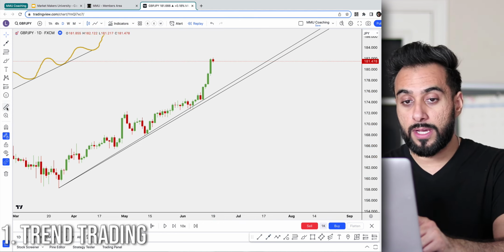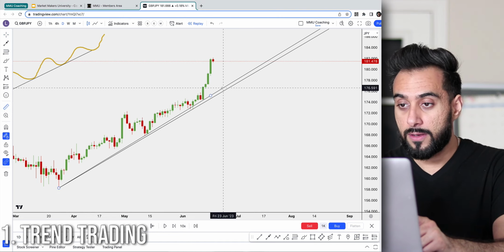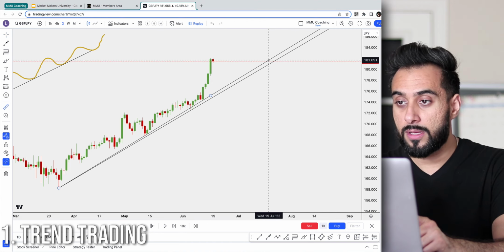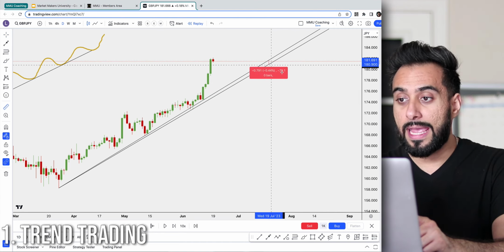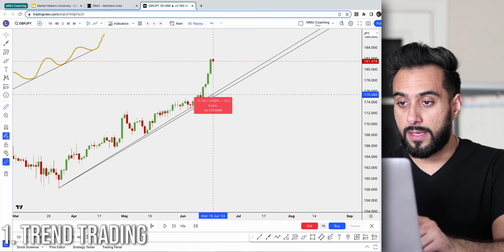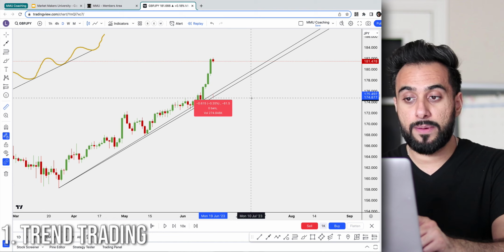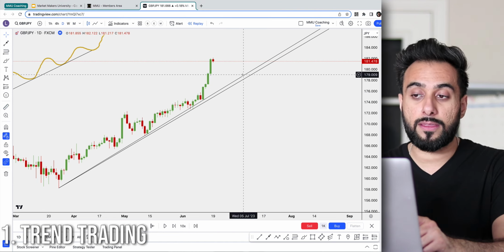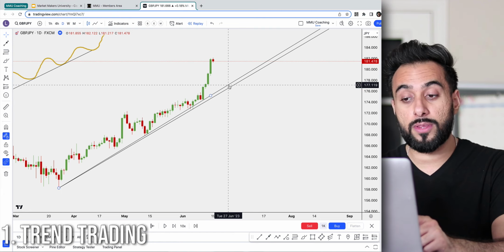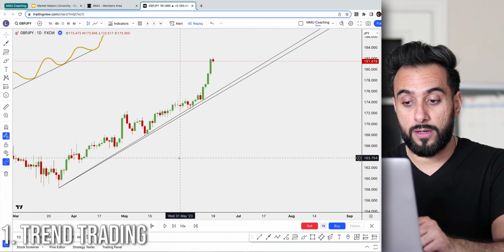So we can just measure the difference. From here to here, this is around a 70 pip difference. Going a little farther into the future, this turns out to be an 80 pip difference. And over here, it turns out to be like a 60 pip difference. Notice the farther out that the price action goes, these 2 lines are separating, and the difference between them is getting wider and wider.